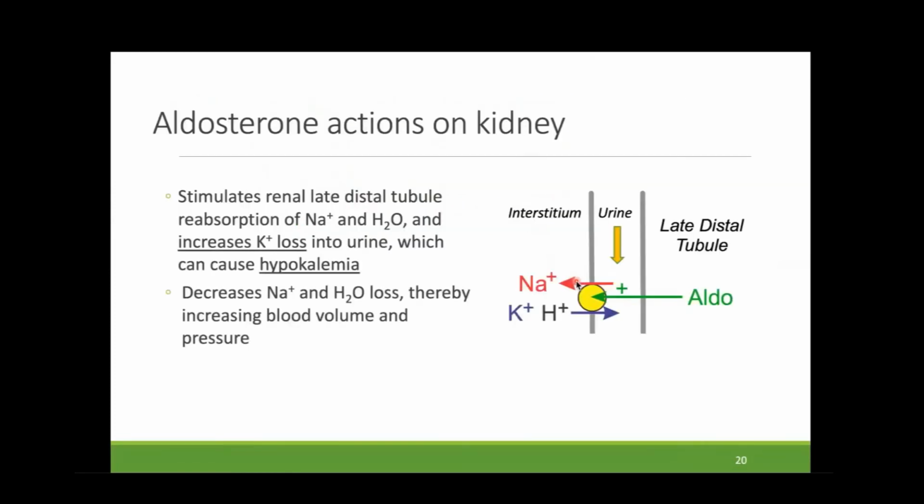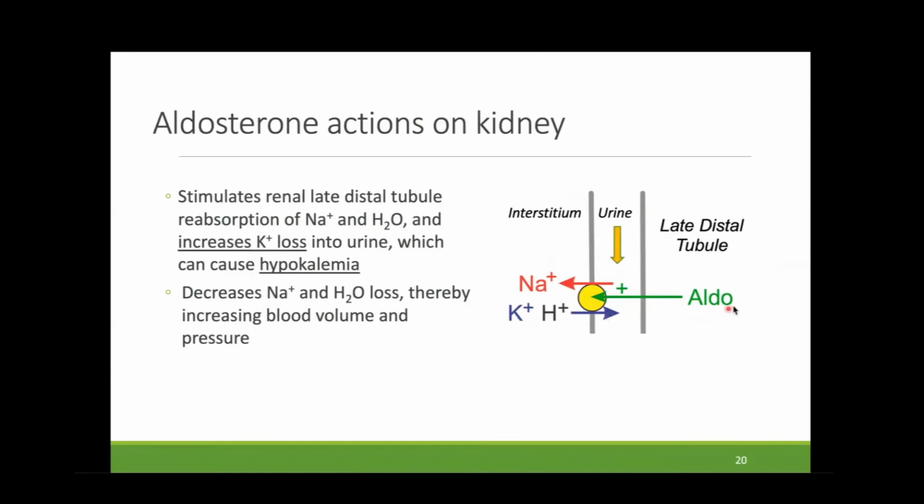Now, let me just follow up a little bit more about aldosterone effects before I leave the RAAS system entirely. When you have aldosterone acting on the kidney, it acts in the late distal tubule of the kidney. And what it does is stimulate the uptake of sodium from the urine, but in exchange for potassium and hydrogen ion.